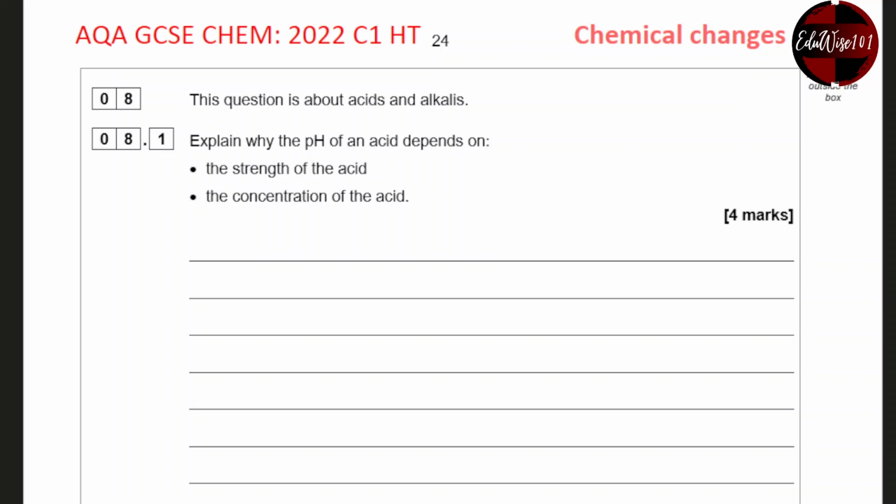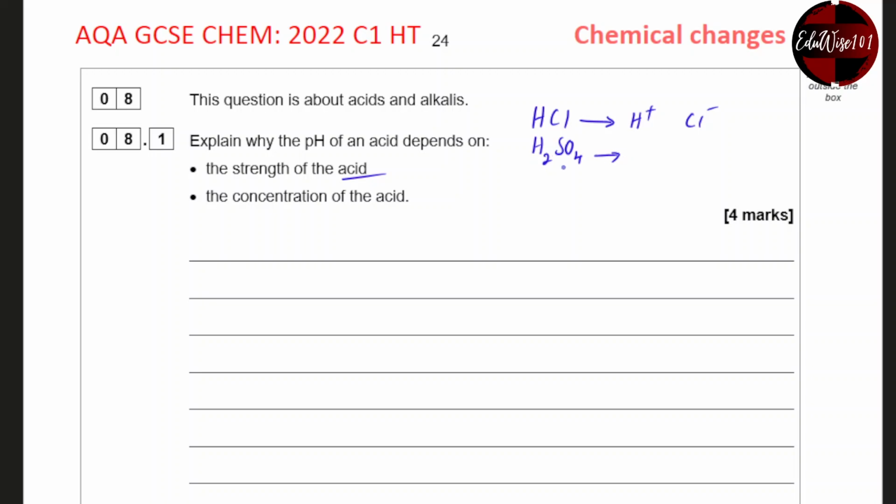Now, when we talk about the strength of acids, let's look at some acids before we go forward. So HCl, H2SO4, let me just use two different acids. Hydrochloric acid breaks into H+ and Cl- ions.